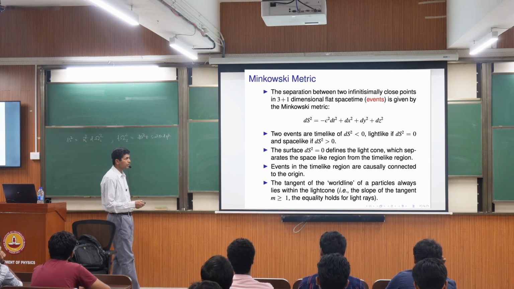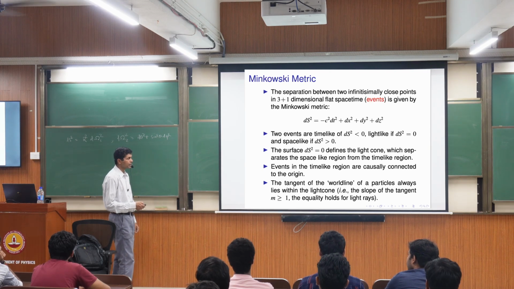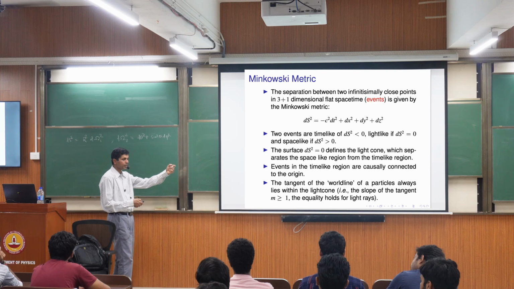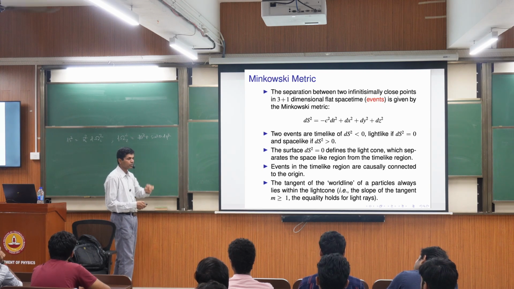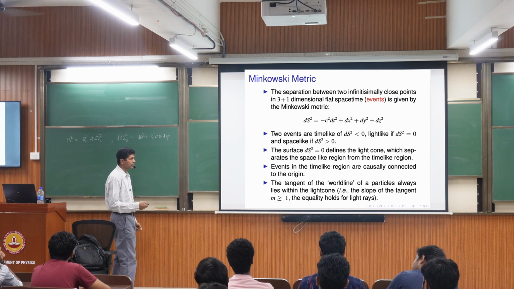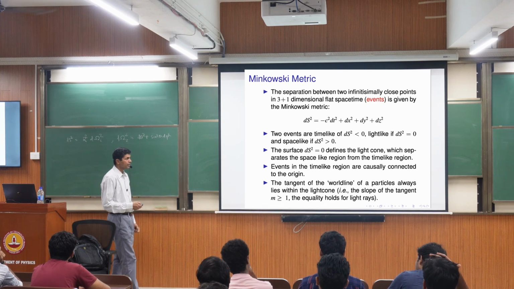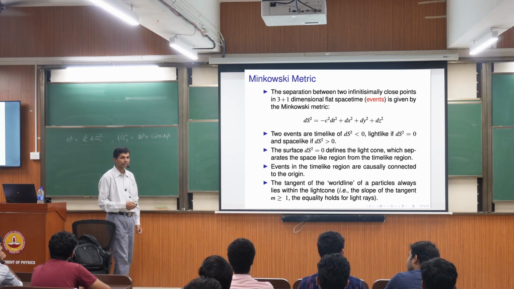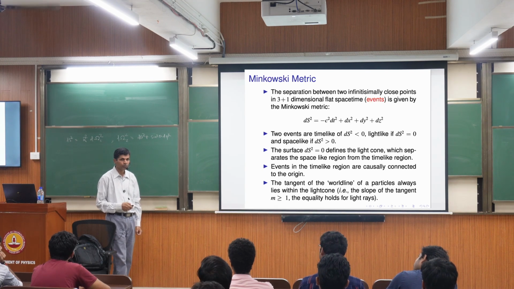gives you a notion of what is time and what is space. In some books, a point in space-time is also called an event, okay? So it's just a point in three-dimensional space at a given time. If time changes, then this point also changes. Because it's four-dimensional space, there are four coordinates needed to parameterize this point.